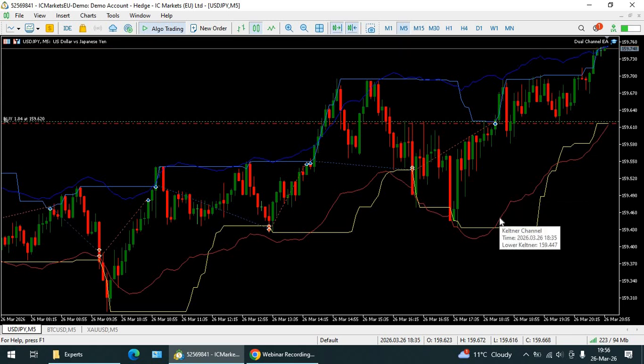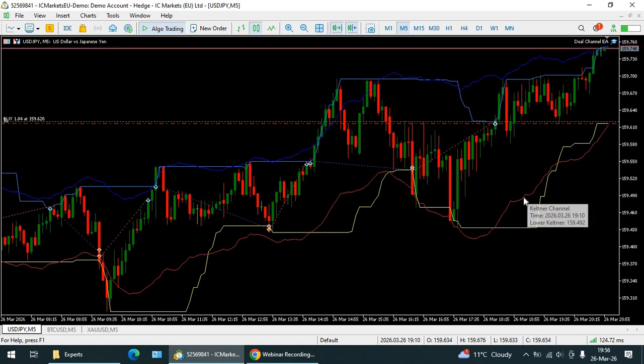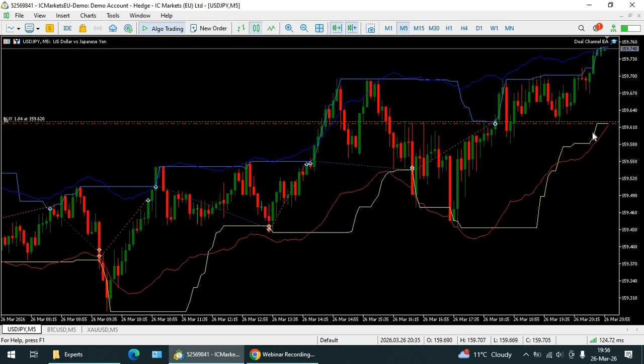With every candle the stop loss will be adjusted at the respective level, and until here the Keltner channel band level will be used, and here because the lower band of the Donchian channel is at a better level, the stop loss will be adjusted according to this level.